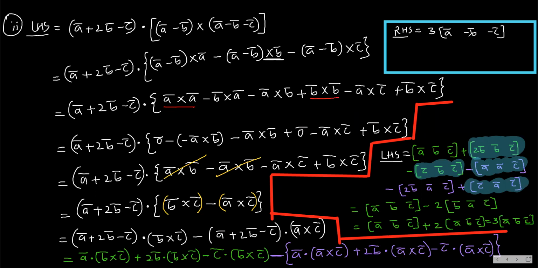But as you know, students, I can take this minus 1 and minus 1 outside. So minus 1 into minus 1 is plus 1. So this is equal to 3 times box product A bar, B bar, C bar. See what I'm doing? This minus 1 is a scalar. Minus B bar means minus 1 times B bar, and this is minus 1 times C bar.